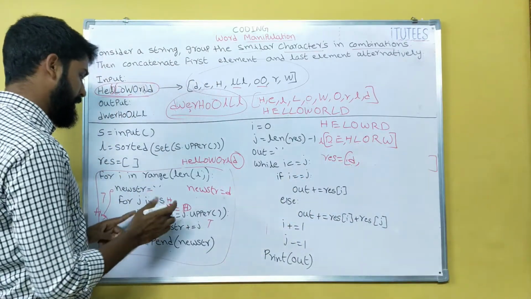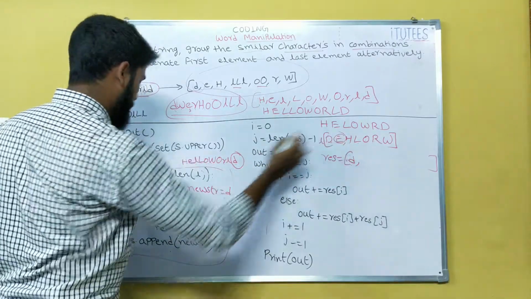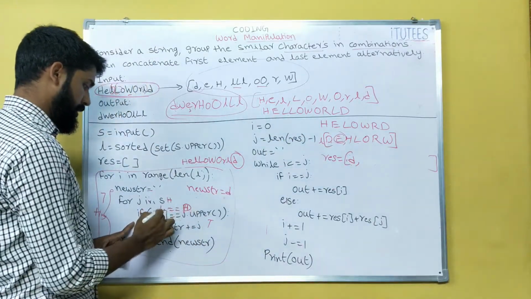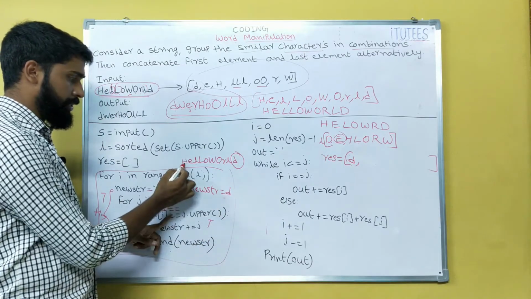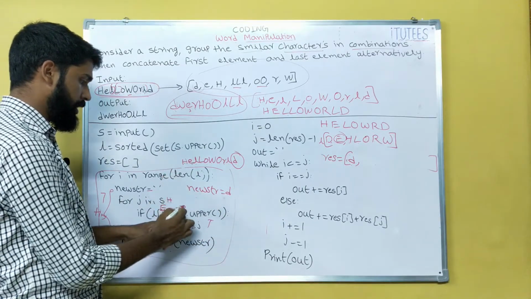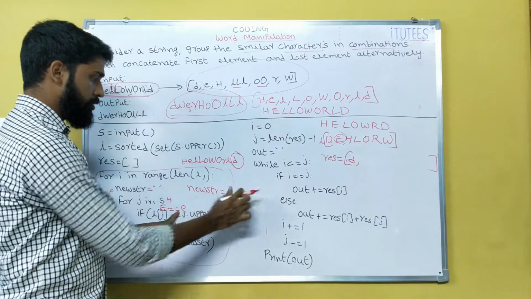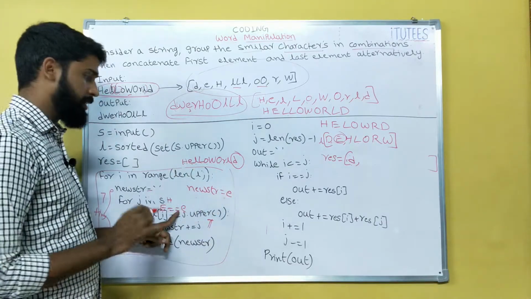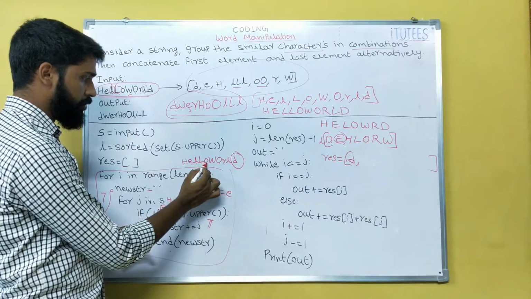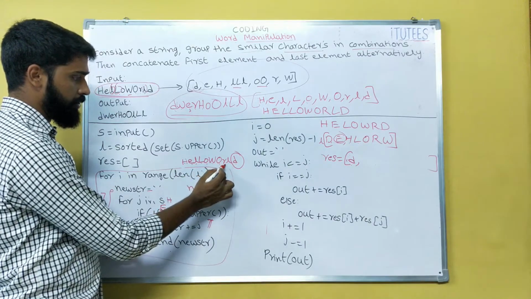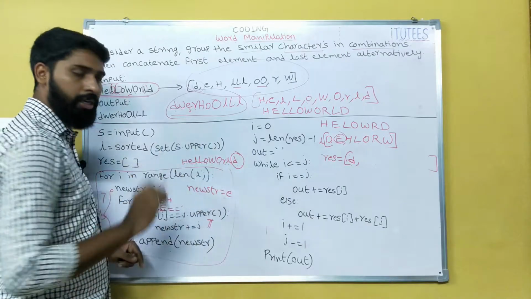In the next case, it becomes E. Again we compare E equals H? No. E equals E, yes, true. So new str equals new str plus E. In the next cases, L false, L false, O false, W false, O false, R false, L false, D false.